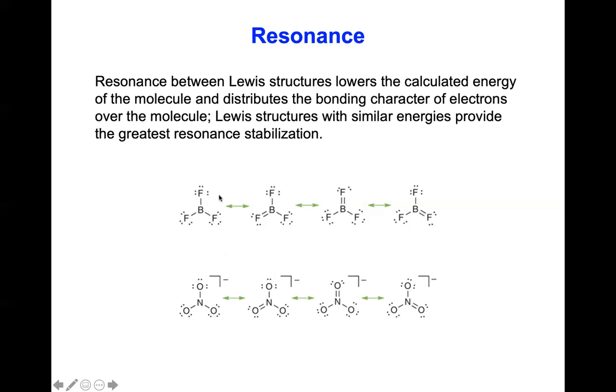In principle, for this BF3 molecule, these four different structures coexist at the same time. In reality, it's not only this BF3 single bond structure here; the other three structures coexist. They are also there.